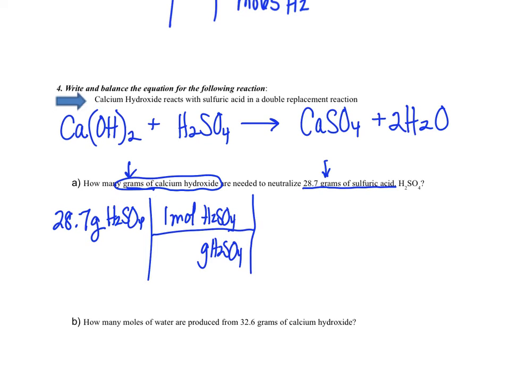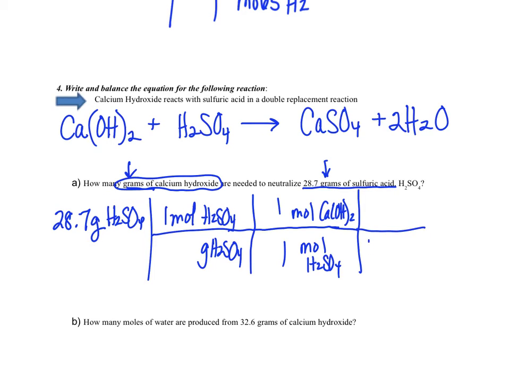So in the middle, we do the crossover. This is your mole to mole part. So moles of H2SO4 on the bottom, and we are going to calcium hydroxide, so we put moles of calcium hydroxide. This is where we just look at the coefficients. It's 1 up here and 1 down here, and I got that from looking at the equation. Then we go to the next one.